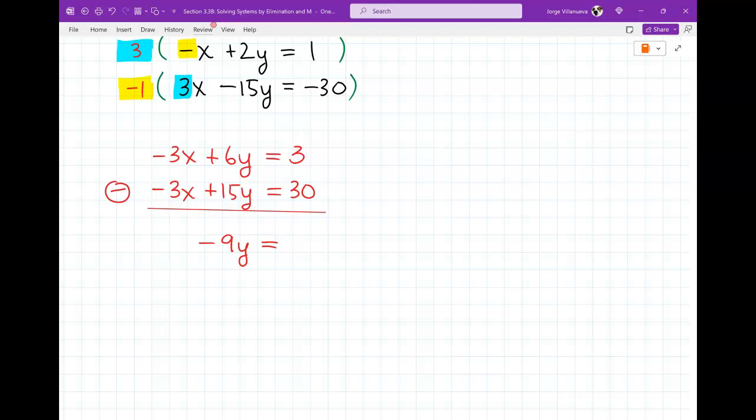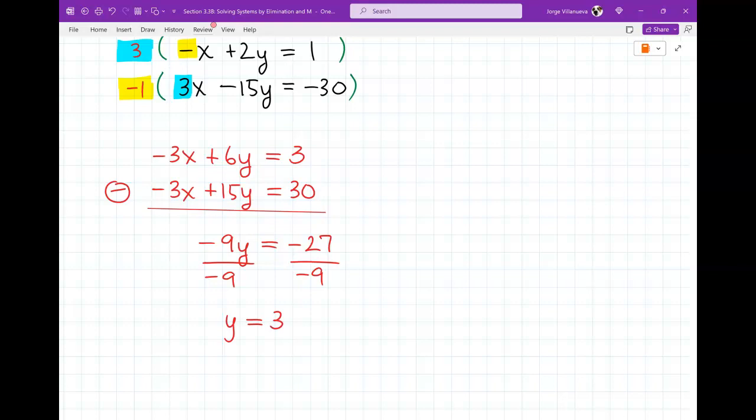Okay? And then 3 minus 30, negative 27. All right, so to get y by itself, I need to divide by negative 9. So negative 9, negative 9. So I get y is equal to 3.